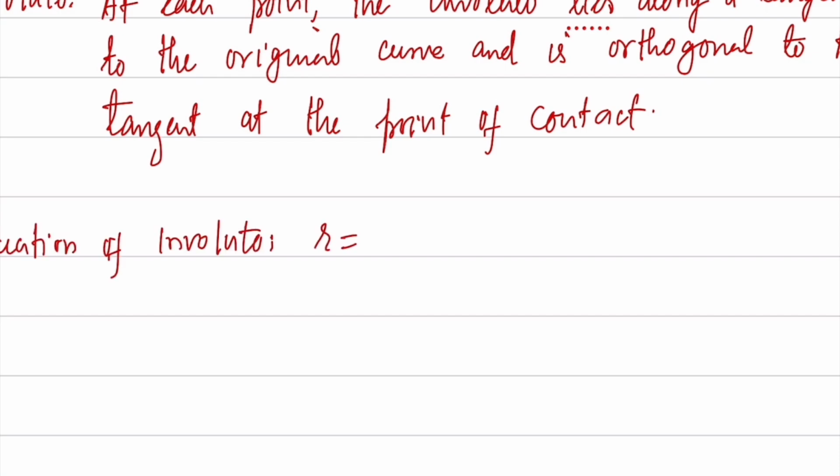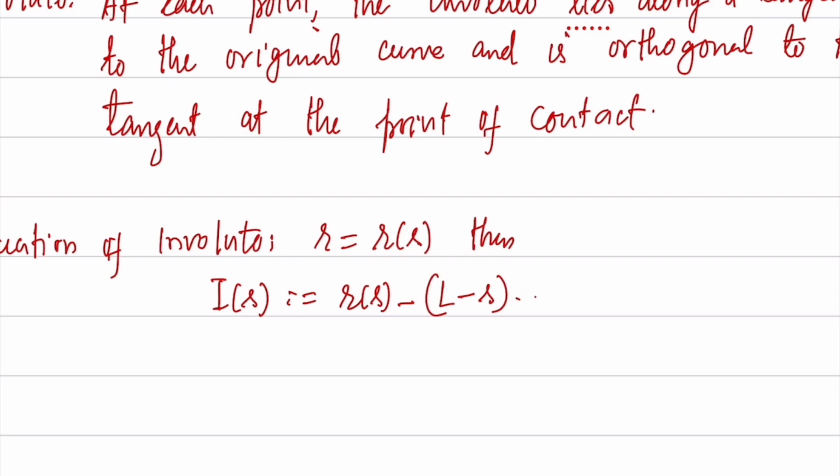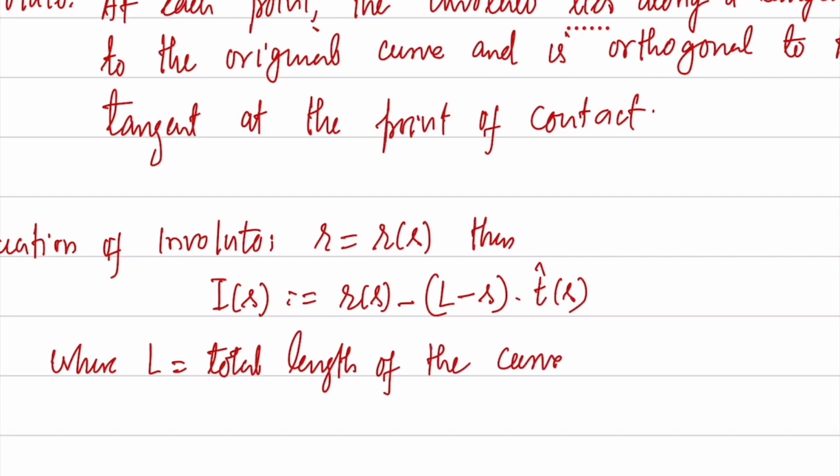If we have the curve R equal to R of S taken as a function of the arc length, then the involute, which we shall call I of S, is defined as R of S minus (L minus S) into the unit tangent vector T of S, where L is the total length of the curve, and T is the unit tangent vector. So this is how we give the equation of the involute to a given curve.